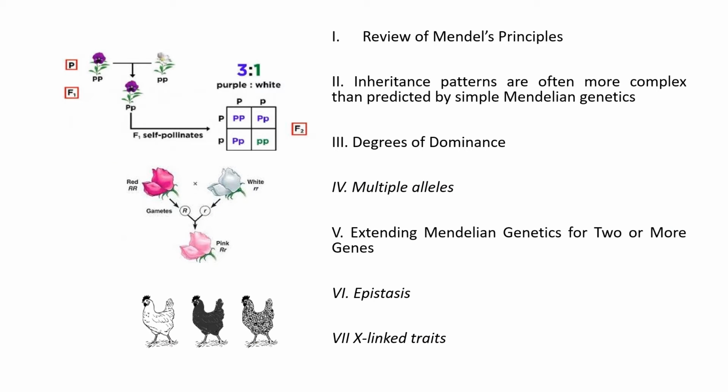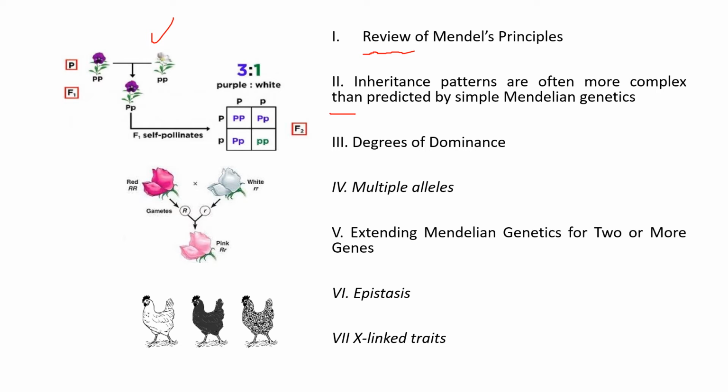In this exercise, it will be divided into 7 sections. In the first one, you will have to review some of the Mendelian principles. So I want you to remember what segregation and independent assortment are. Then in the second section, I want you to remember that traits are more complex than predicted by simple Mendelian genetics, so I will ask you some questions about that.